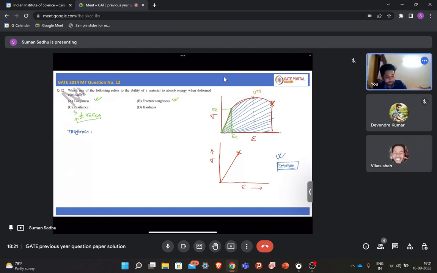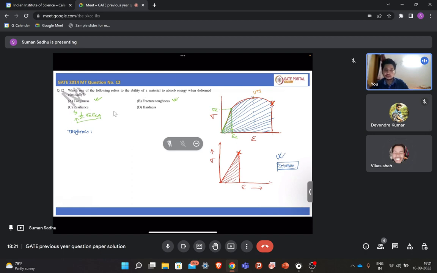It is not deforming plastically, right? So in this case, only the resilience is important. Toughness is ability of material to absorb energy when deforming plastically without fracturing, right? So for this case the resilience is important. It is only deforming elastically, so this area will be the resilience of this material, right?